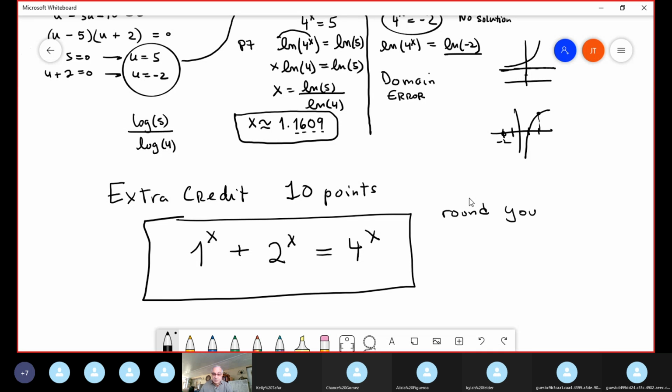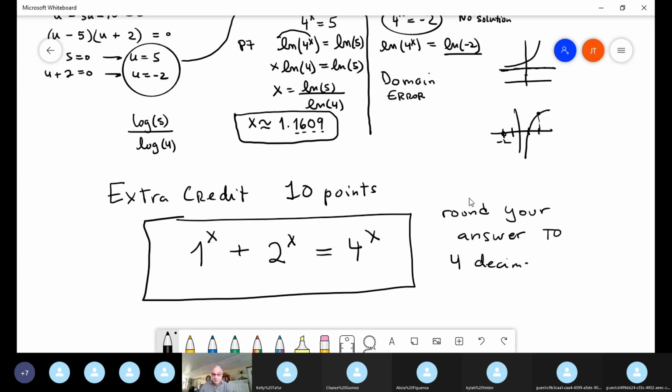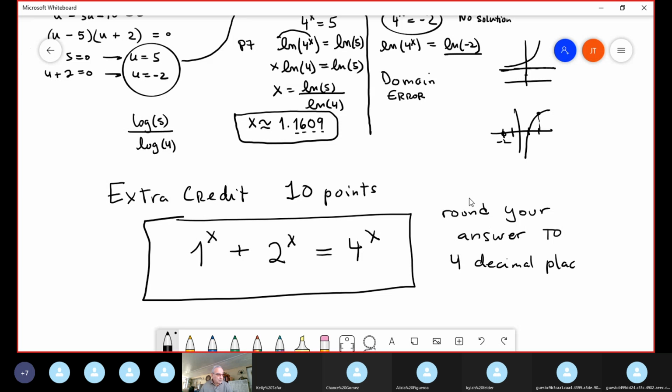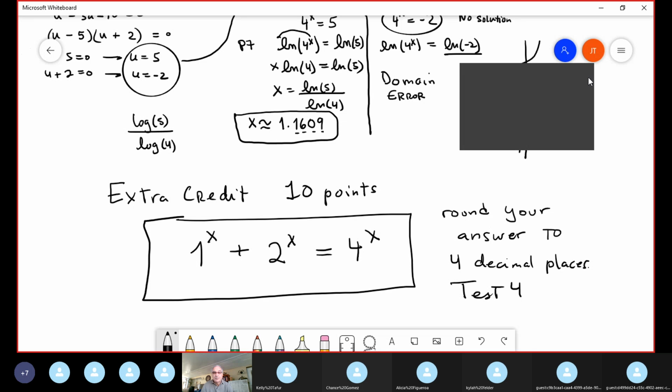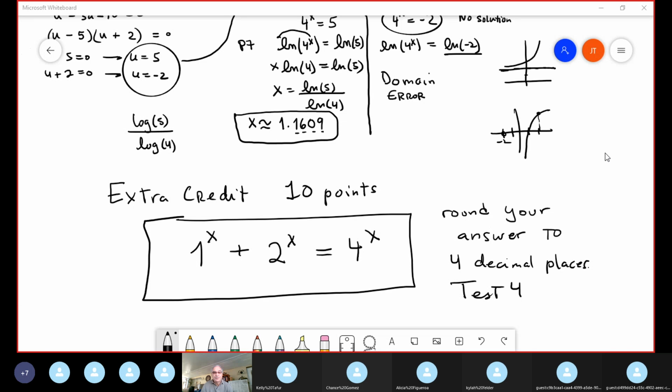Your answer to 4 decimal places. Okay, this is attached to test 4. Do you copy? Okay, very good.